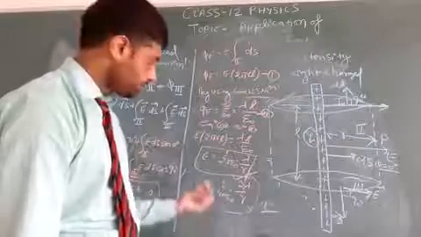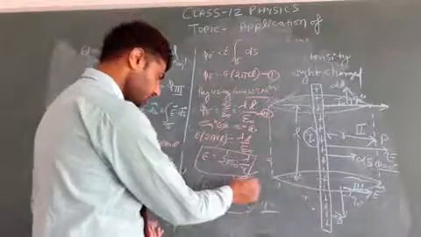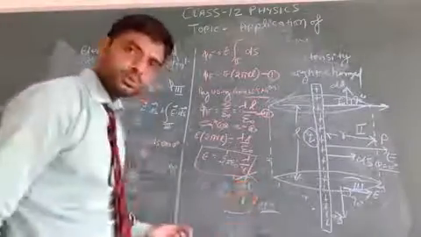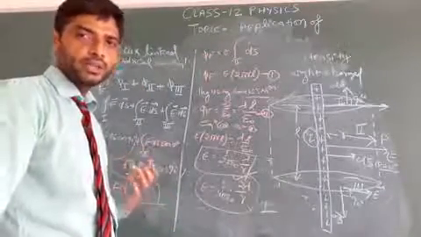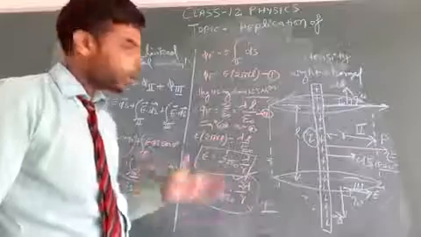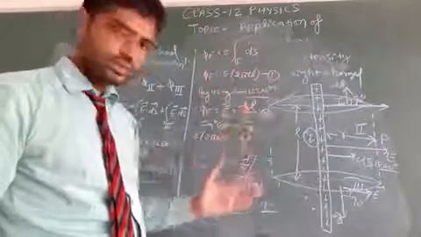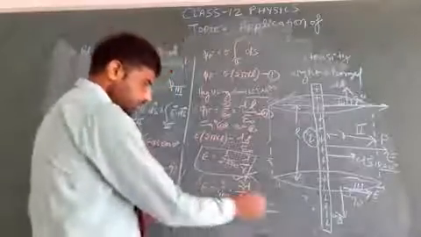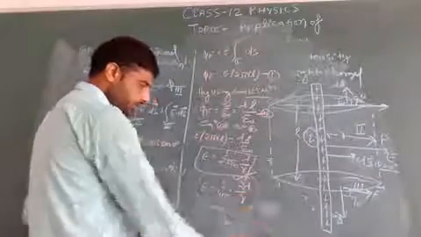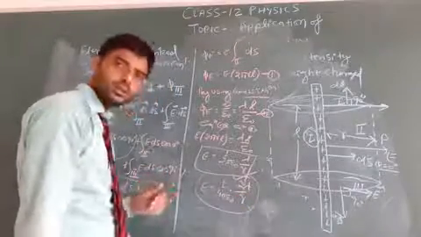Okay, so I hope you understood how to find the electric field intensity due to an infinitely long charged wire. And you can write the vector form of this.